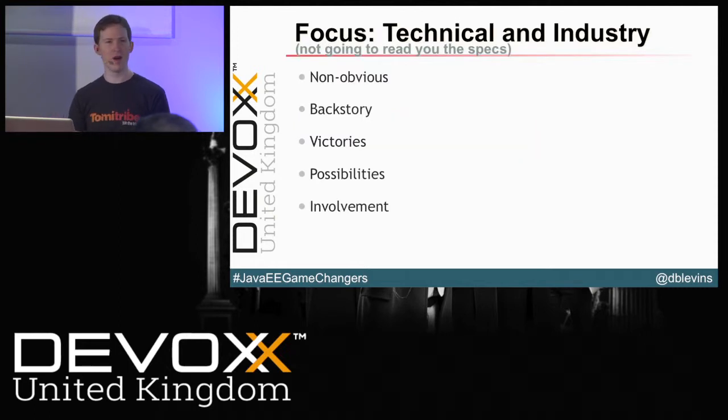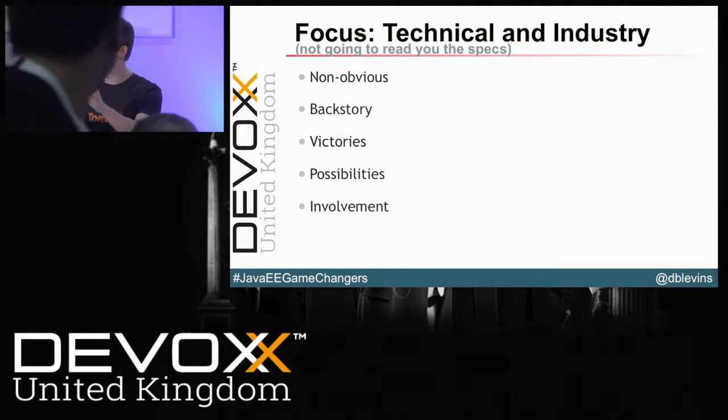What I wanted to focus on in this talk is this: when we do presentations about technology, we tend to focus on the latest specification and what API methods have been added or changed, and it's always so very zoomed in.